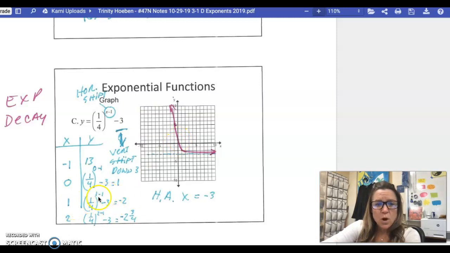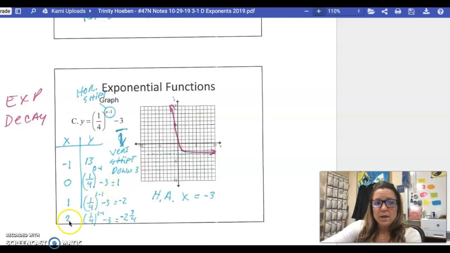And if we plug a 1 in, the exponent 1 minus 1 is 0. Anything to the 0 power is 1, and then 1 minus 3 is -2. So we should have a point at 1, -2. That's where your shift occurs.